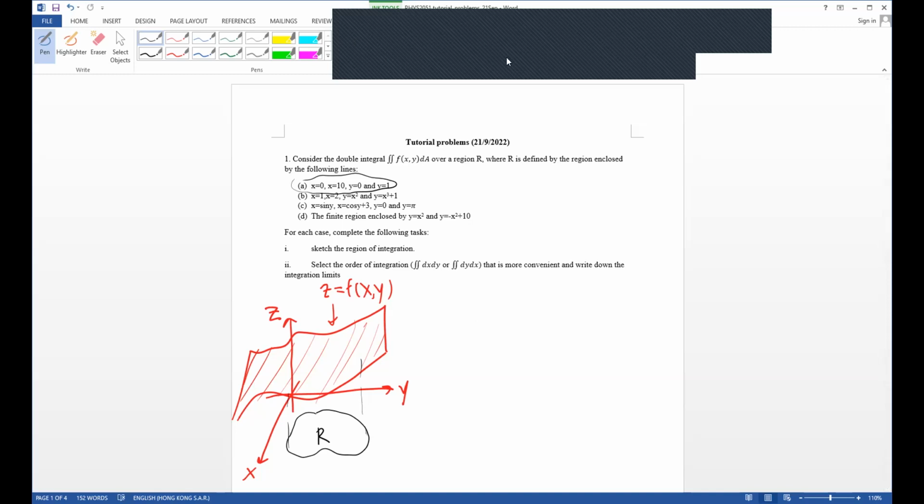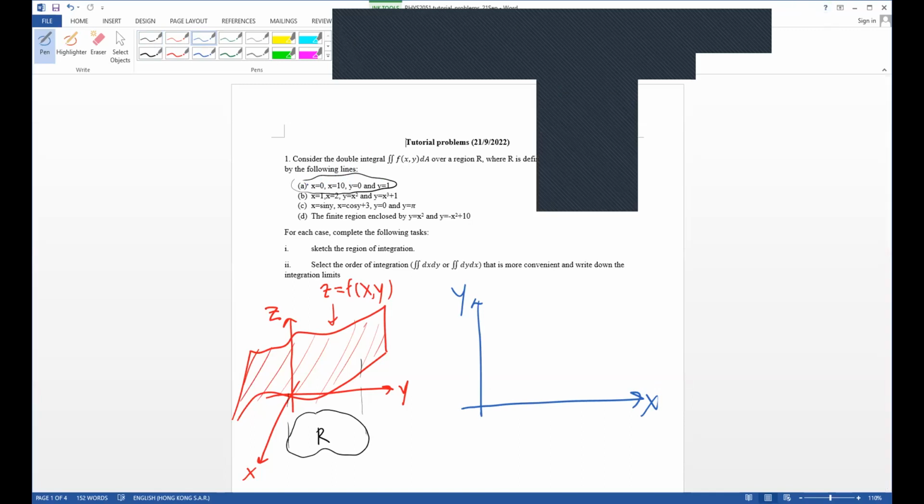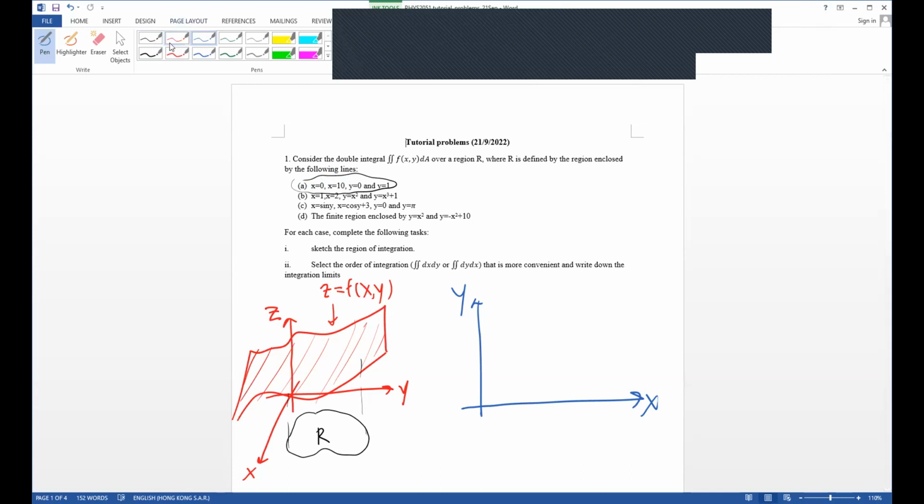A is the most simple case. For A, I have 4 straight lines. If I just draw the XY plane, I have x equals 0 and x equals 10, so these are the left and the right boundary respectively.